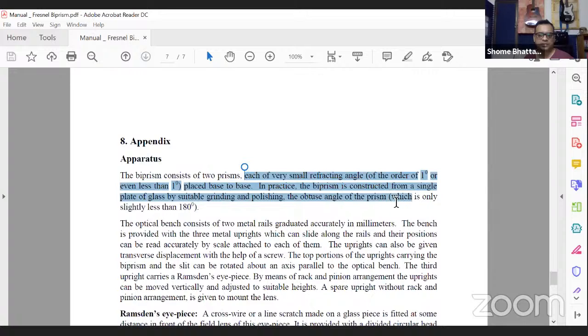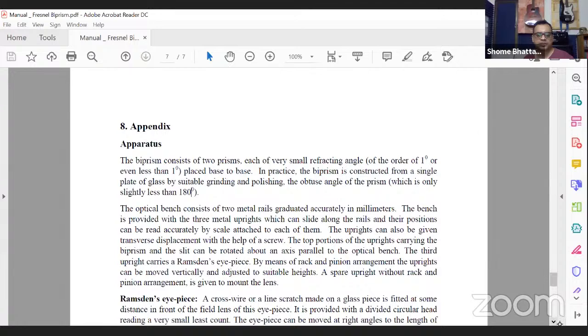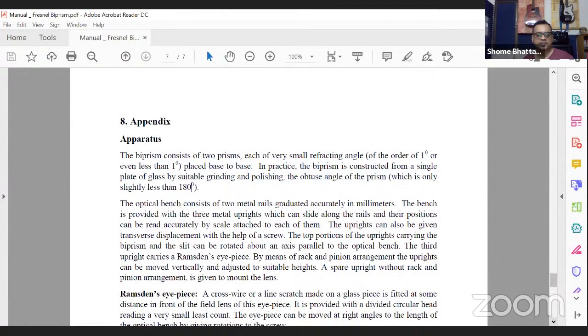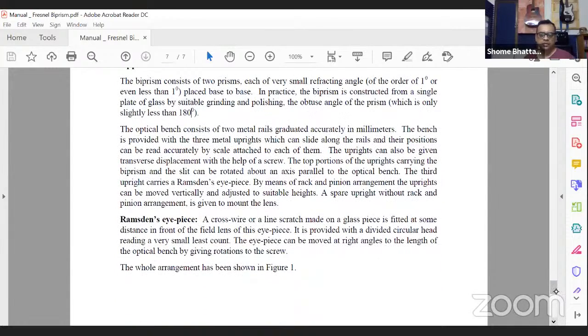In practice, the biprism is constructed from a single plate of glass, by suitably grinding and polishing, with an obtuse angle which is only slightly less than 180 degrees. And then, of course, there are a lot more details about the eyepiece and optical bench and how to remove the parallax error. So, this is about the biprism experiment.